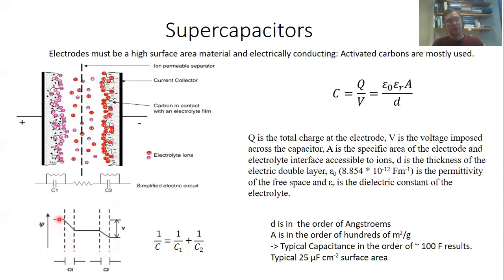We have a potential drop across the first double layer, then throughout the bulk electrolyte the potential essentially remains constant, and then we have an additional potential drop within the second double layer. The sum of these two gives the overall difference in potential that we measure across the entire capacitor.